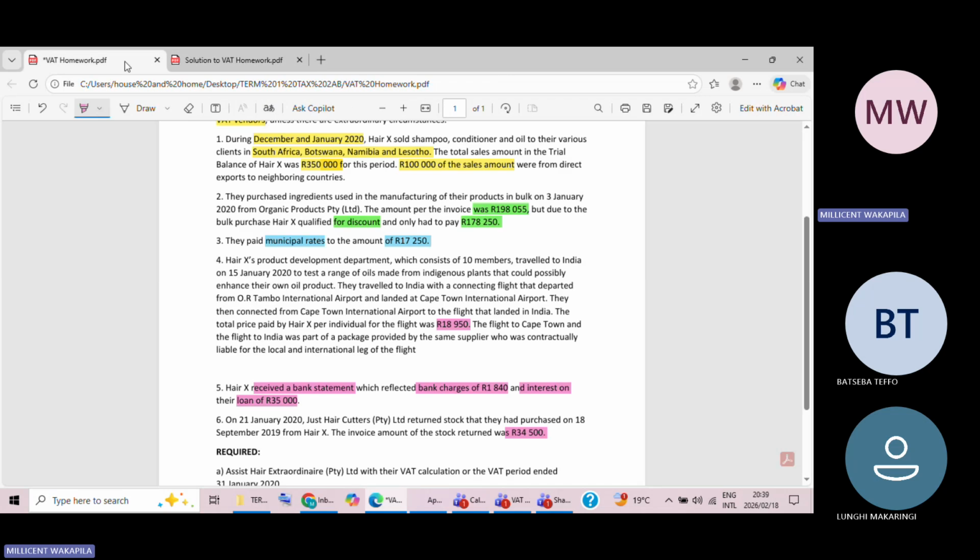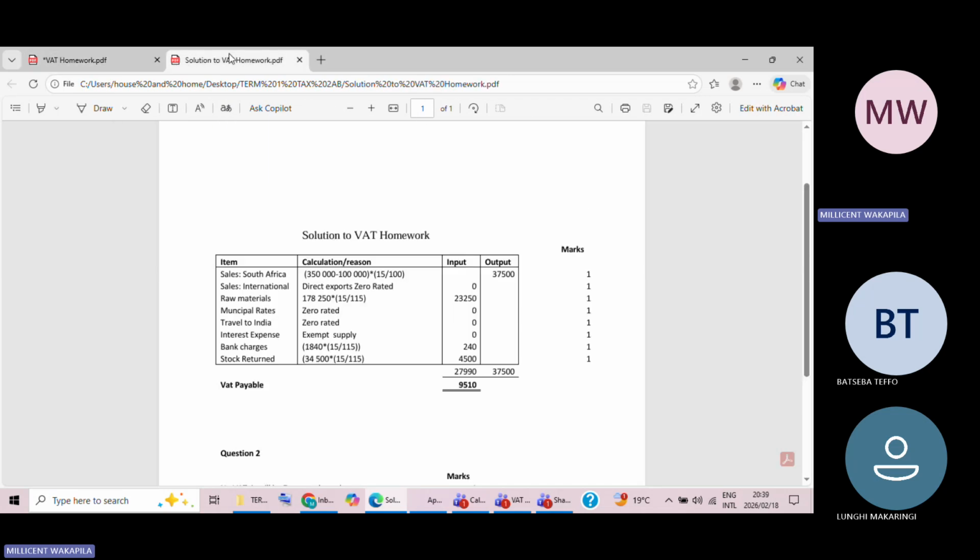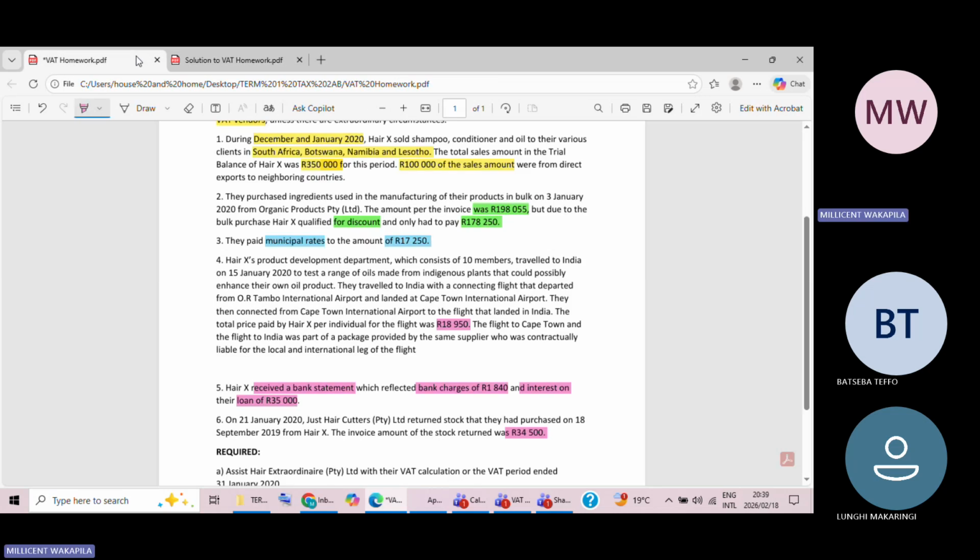So there are things that I didn't clarify that I'm only realizing now, right? Let me just take a look at them. One thing, guys, that I didn't realize, and I think I didn't say this in your slides as well: when an amount specifically states that it's an amount from an invoice, you have to use a tax fraction of 15 over 115.